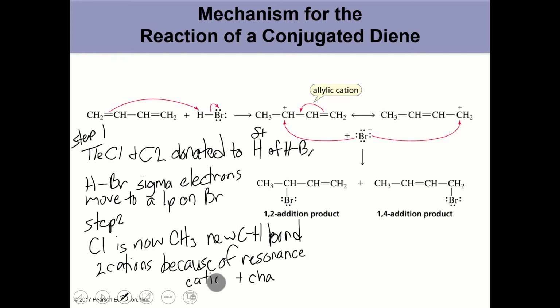So let's say cation 1 has the positive charge at C2, and the second or remaining pi bond is at C3, C4.